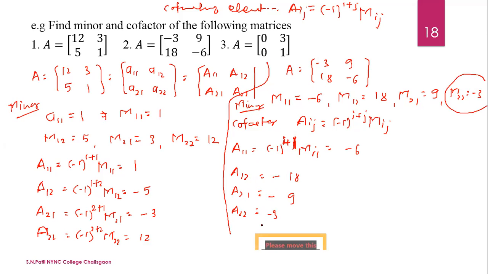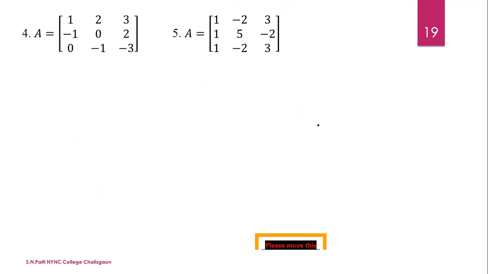Now calculate the minor and cofactor of a 3 by 3 matrix. Here, minor of the first element, first matrix, that is matrix number 4, that is M11. Deleting row and column, the determinant of this matrix is 0, 2, minus 1, minus 3, so we get 0, and minus and minus, we get the 2.